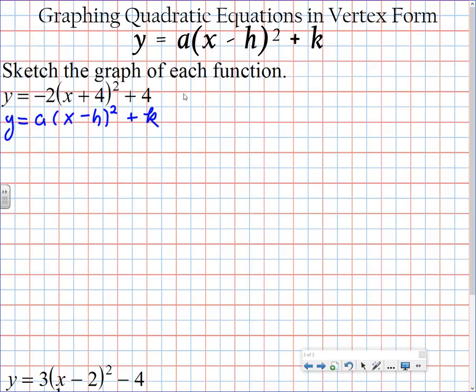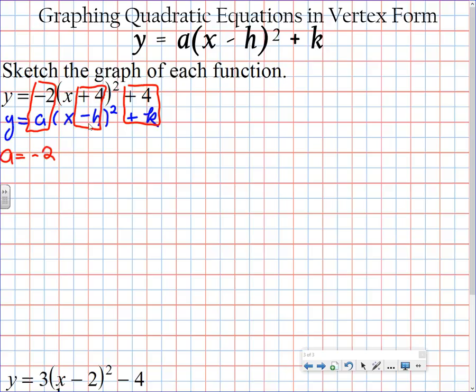Okay, so now this tells me the following. This is my a. This will give you the h value, and this will give you the k value. So this tells me that a is equal to -2.